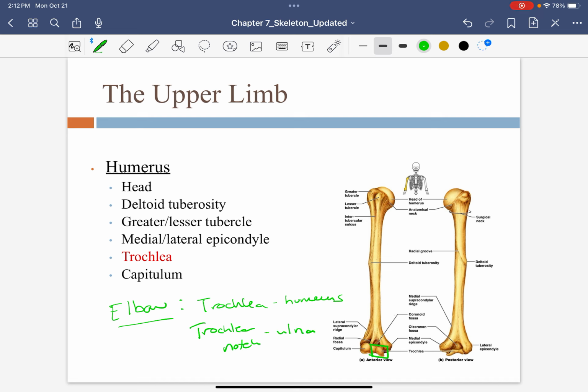The elbow is the humero-ulnar joint between the humerus and the ulna. More specifically, it's the connection between the trochlea of the humerus and the trochlear notch of the ulna. So please pay attention to how the bones fit together to form these joints.